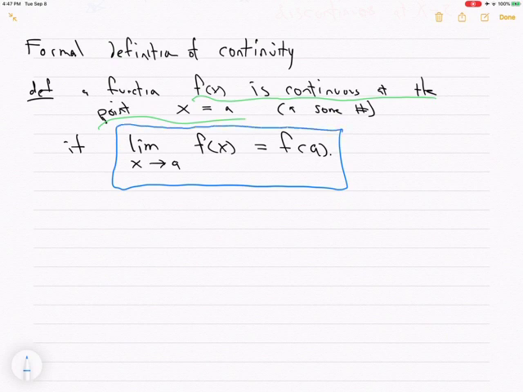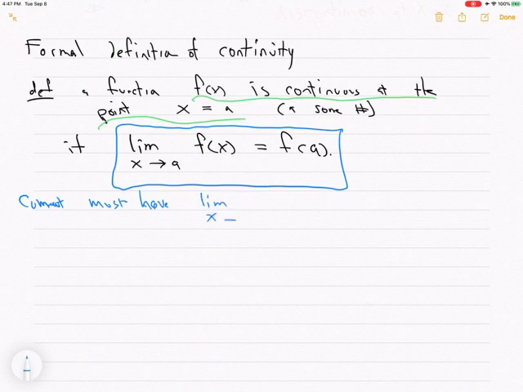And so a couple of remarks is that this equality only makes sense if the left side and the right side both make sense. So here's just a comment. A prerequisite for us to even consider this is that we must have that the left side and the right side both exist.